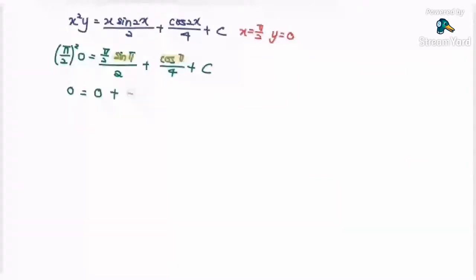So c will be equals to 1 over 4. So kindly substitute the situation.